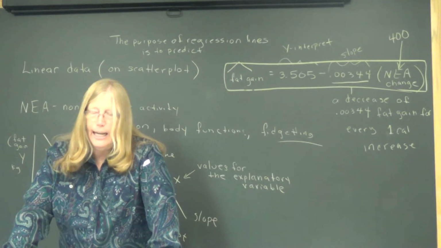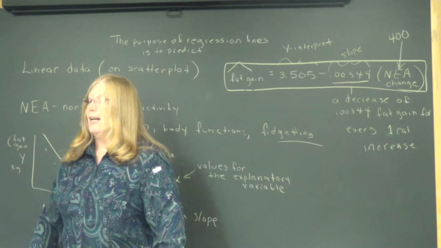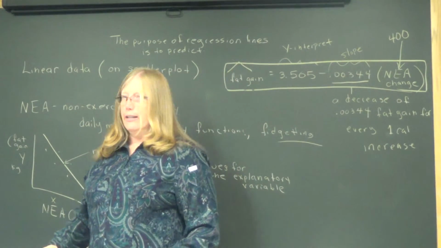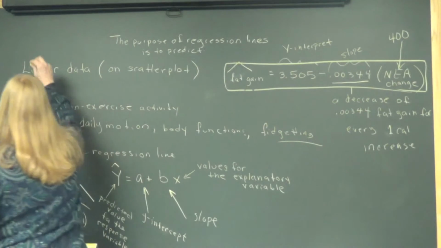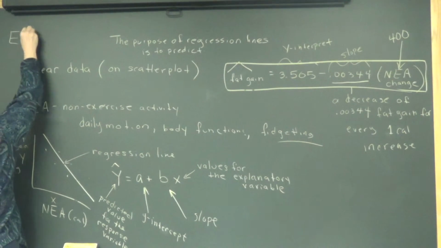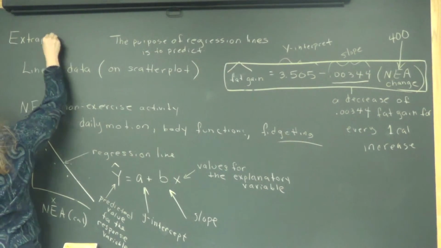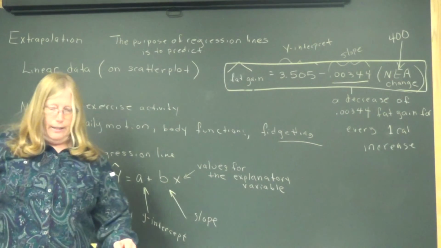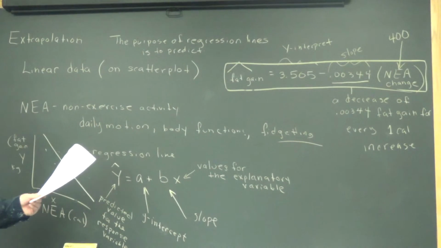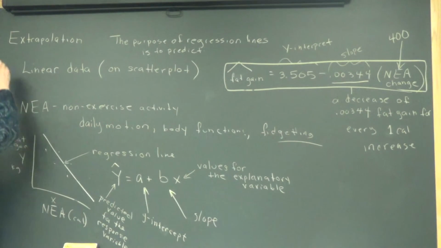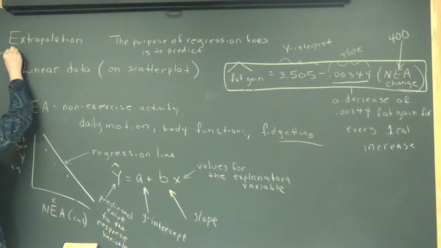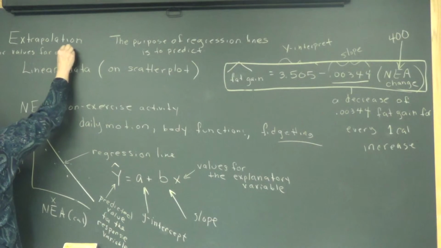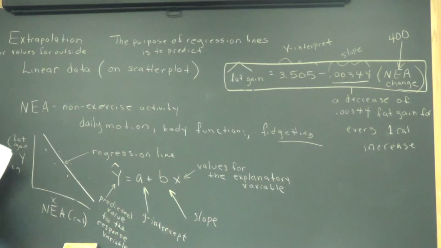And that has a name, if you go out beyond the boundaries of your explanatory data, that is called extrapolation. So somewhere around number 4, make a note that that is called extrapolation. That is for values far outside. If it goes a little bit outside the x values, that's okay.